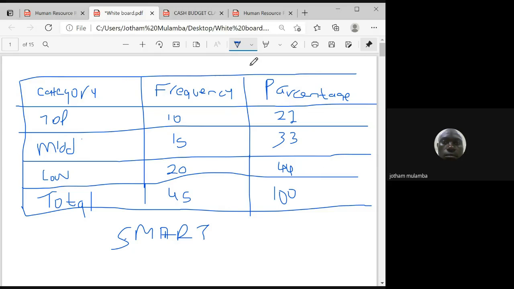Then below this table, as I've said, let me erase this. We'll write here.